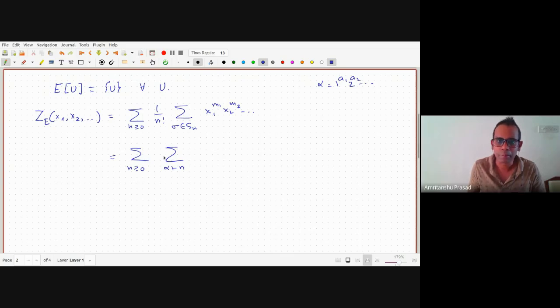The number of elements with cycle type alpha is n factorial over the centralizer of alpha. So when you work that out, you'll get the product of i raised to a_i, a_i factorial. And then you can write it as the product of x_i raised to m_i, for i greater than or equal to 1.